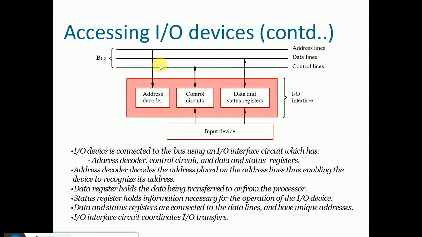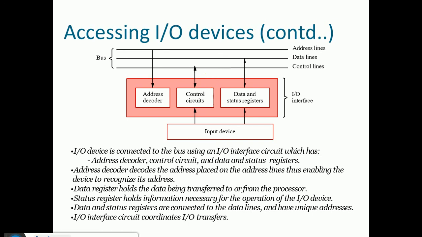An address decoder is also there, which will decode the address, and accordingly it indicates which device we need to access. The control circuit will provide signals, for example read, write, or wait signals, so that the device can be accessed very nicely.